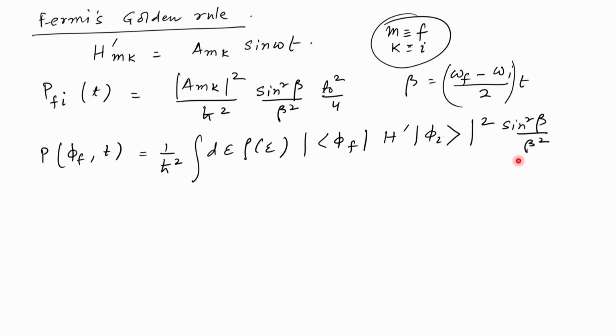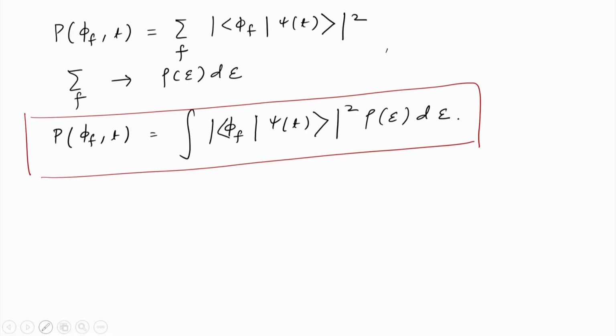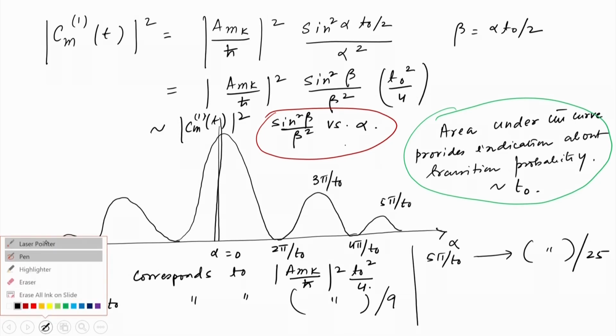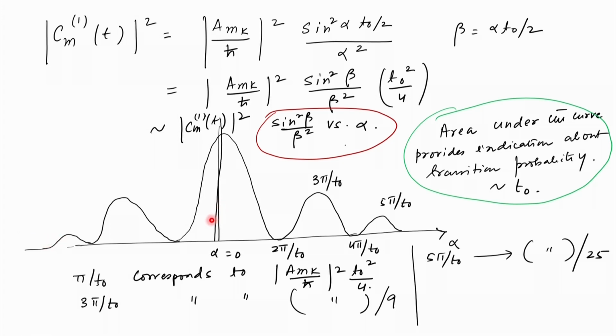And if we just go on to see the plot that we have drawn earlier, it is this. So, if you see this, the major contribution of this probability density would come from this central peak, and the auxiliary peaks are of course there, but they are down by a factor of 9 or down by a factor of 25.